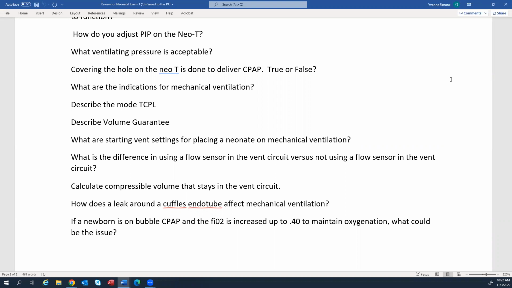So it more accurately reports the numbers going into and out of the lungs when you're compensating for the leak. And remember, leak compensation is not the same thing as circuit compensation. Those are two different things.